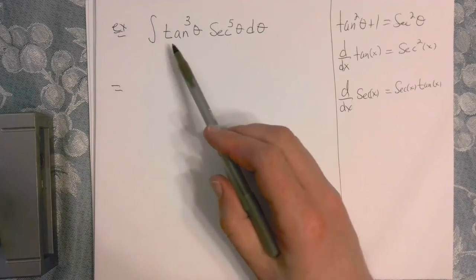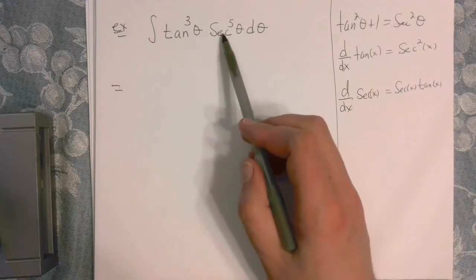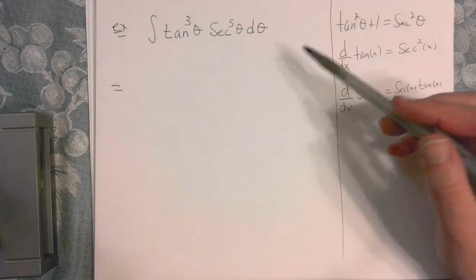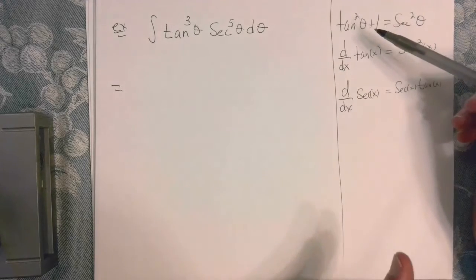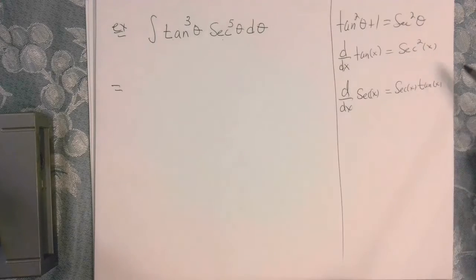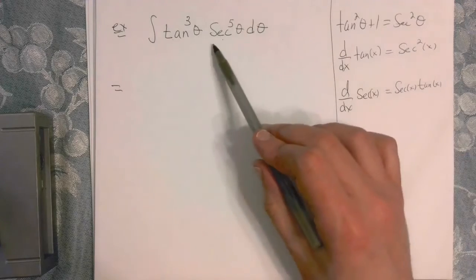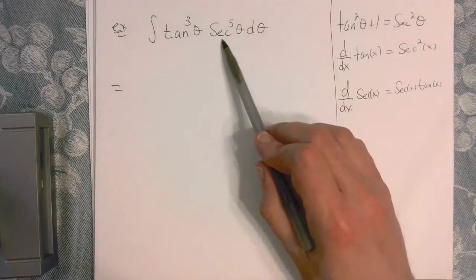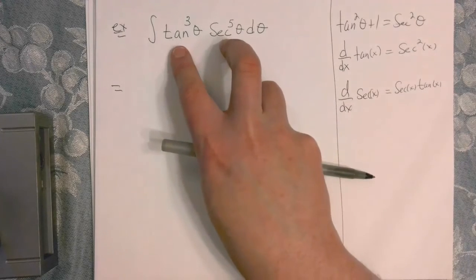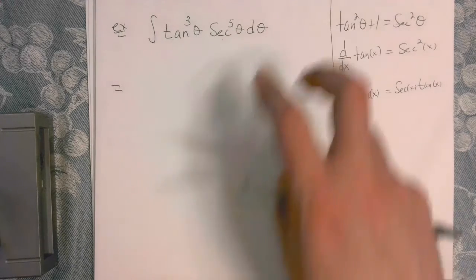And we said if we have a product involving tangent and secant, then I might consider, it's not something I always do, it's just something to consider, either sliding over a secant squared from here or taking a factor of each out of here and sliding it over.